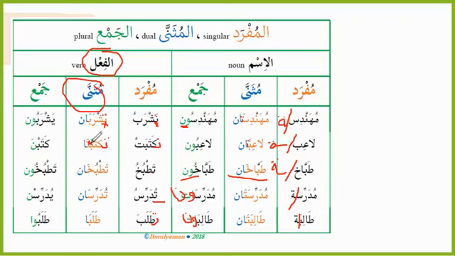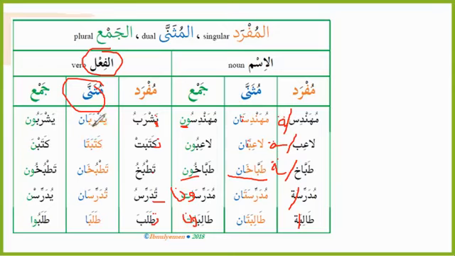And this is not supposed to be there unless it's in the past. تطبخان, تدرسان, تطلبا. Here's the ta. And if it's in the past, then it would be طلبتا, كتبتا, شربتا. We'll get to that.